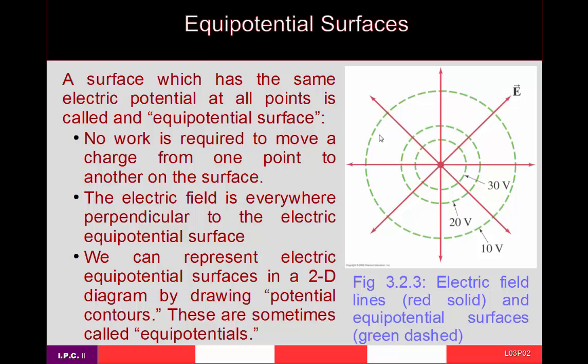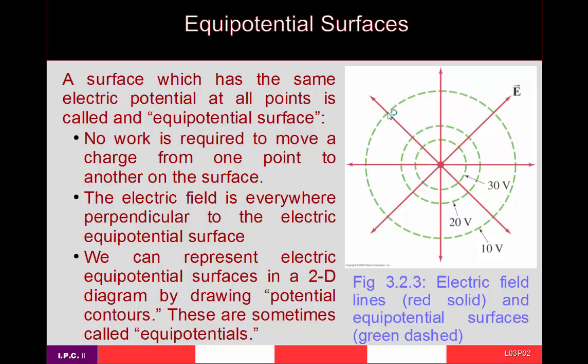An equipotential surface is a surface along which the potential does not drop if you move from one point to another on the same surface. So this surface right here has a constant voltage of 10 volts.